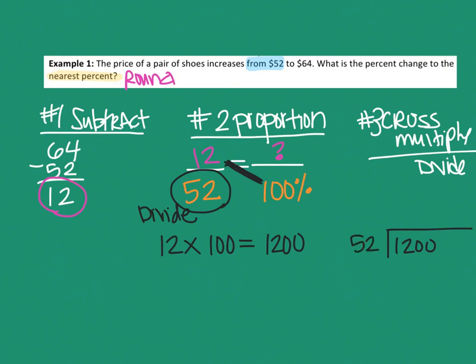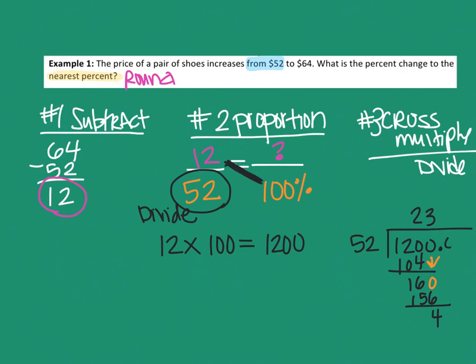Now on your own, you would want to divide this, but it's 23. Let's see, that would subtract 104. Then I get 16 left over. Bring down the 0. Then that's 156. I have a 4 left over. Okay, so it went 23 times. I have 4 left over.